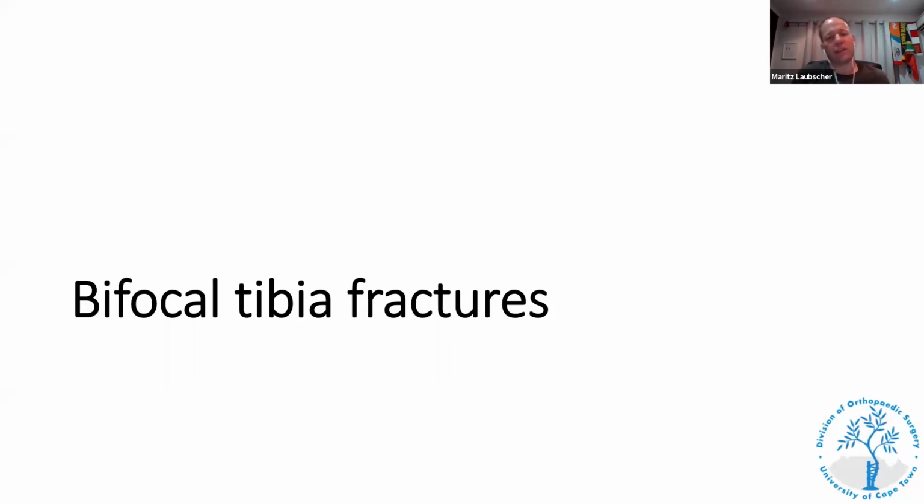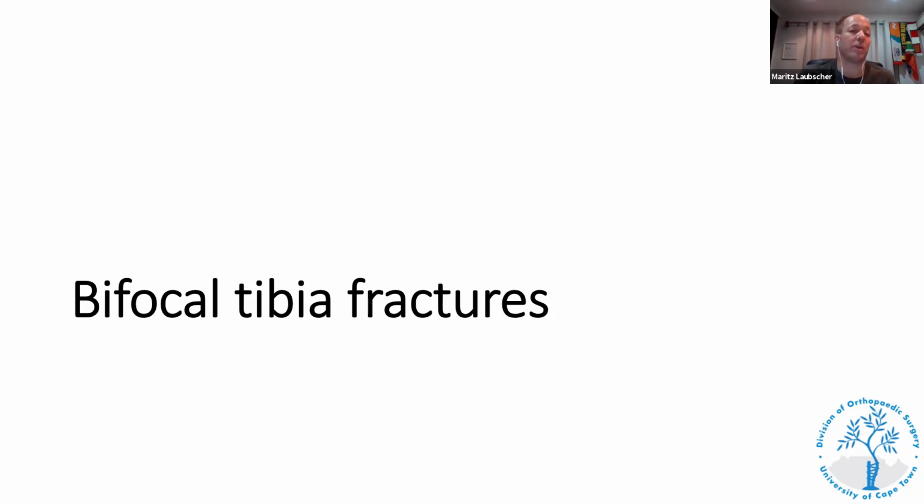Another newer term that's topical is bifocal tibia fracture. When we talk about segmental fractures, we refer to 2 fractures of the shaft. Bifocal fractures refer to 2 separate fractures in the tibia, or 2 separate fragments in a limb segment.